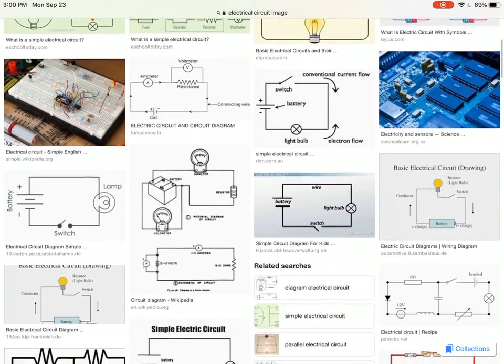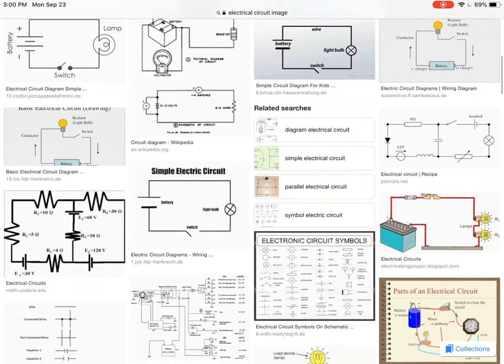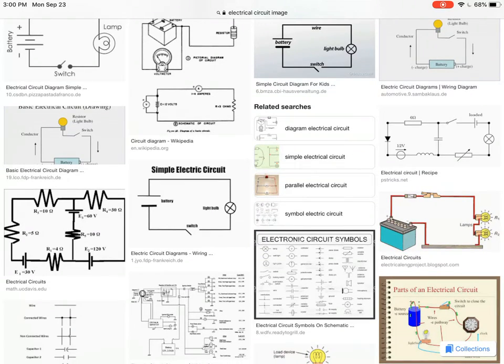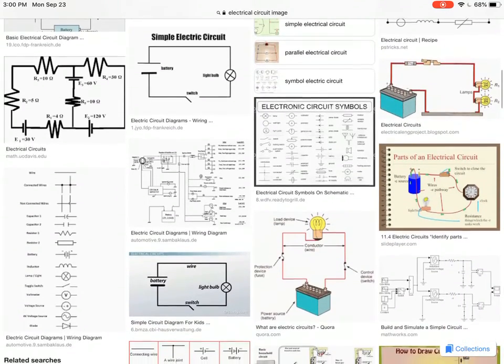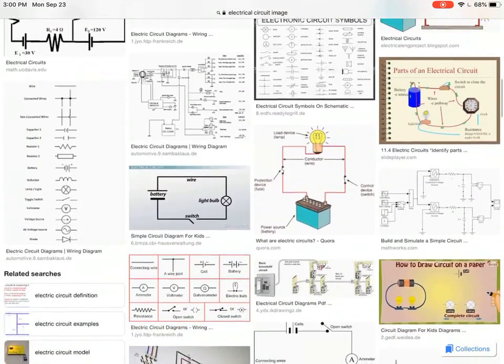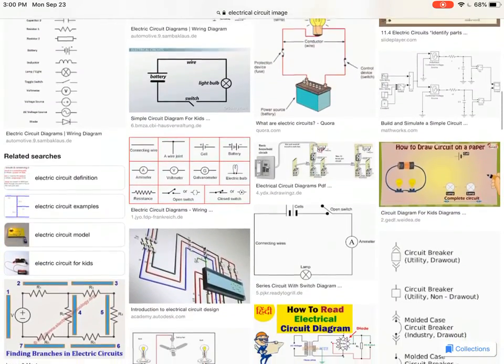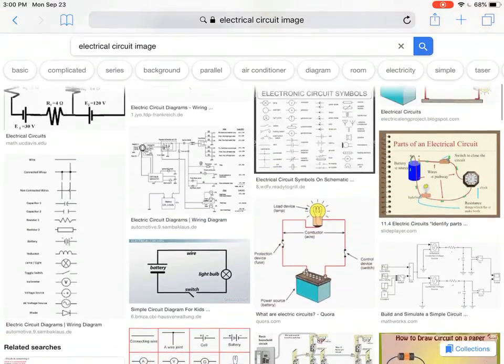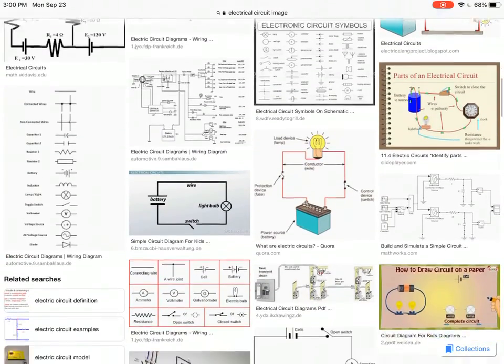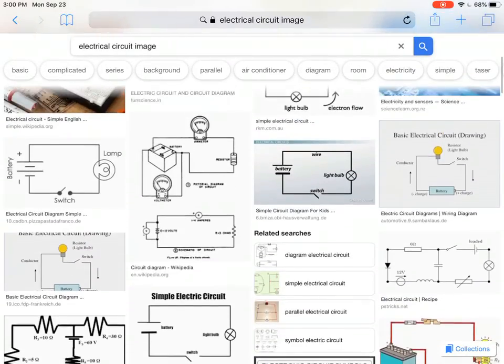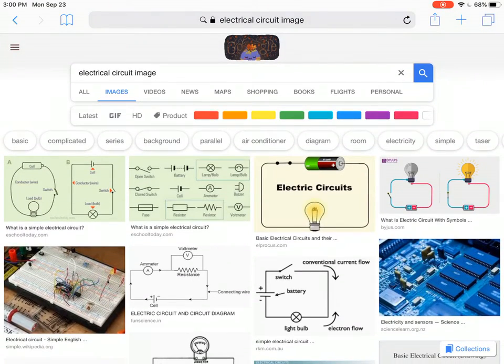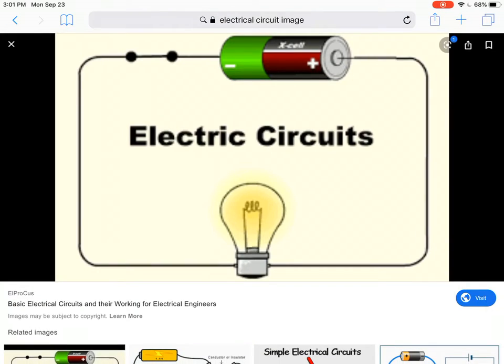But here is not what I'm looking for. My father was an electrical engineer of sorts, and he would understand this completely. For some reason, I thought I was going to find a really good example here, but I'm not. So let's just look at this one.